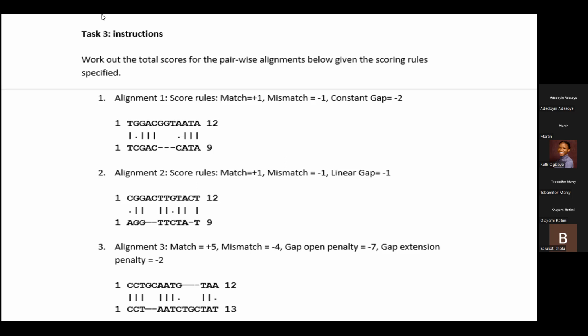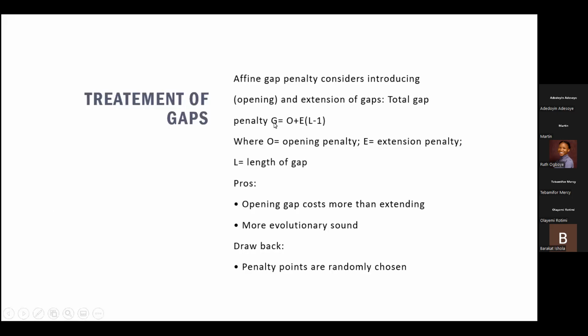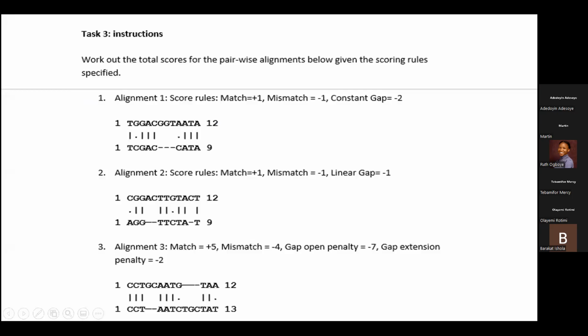Can we get the formula again? All right. Here, this is it. G gap equals opening penalty plus extension penalty times, in brackets, length of gap minus 1. All right, thanks. So let me go back to the questions.